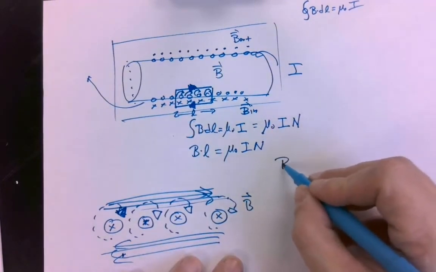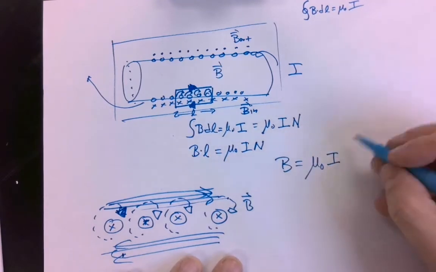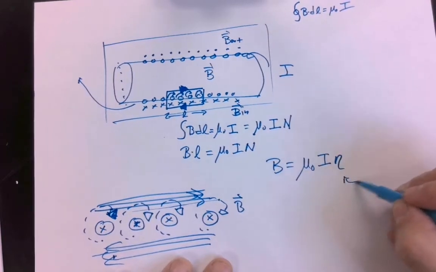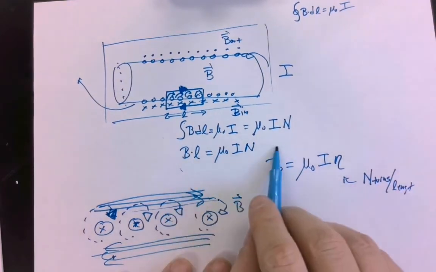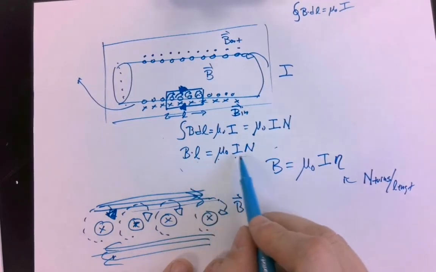So the magnetic field is just going to be equal to mu 0 times I times, your book calls this lowercase n. Lowercase n is the number of turns per unit length, N over L. So we bring our L over here. We've got B equals mu 0 I N over L.